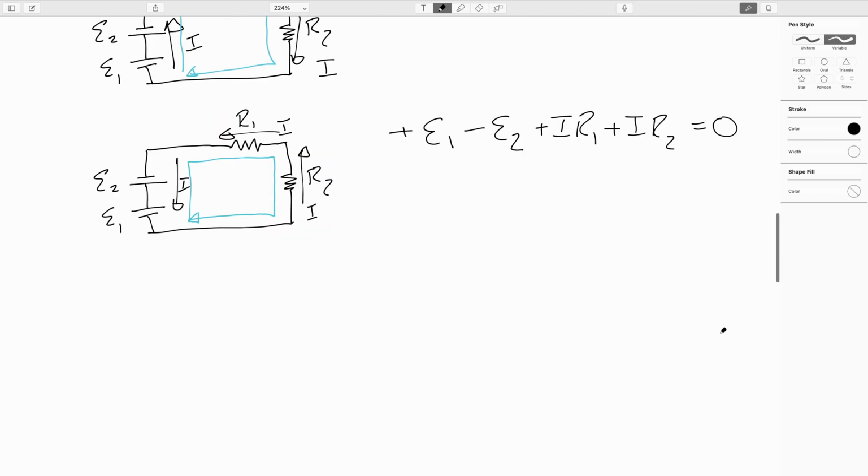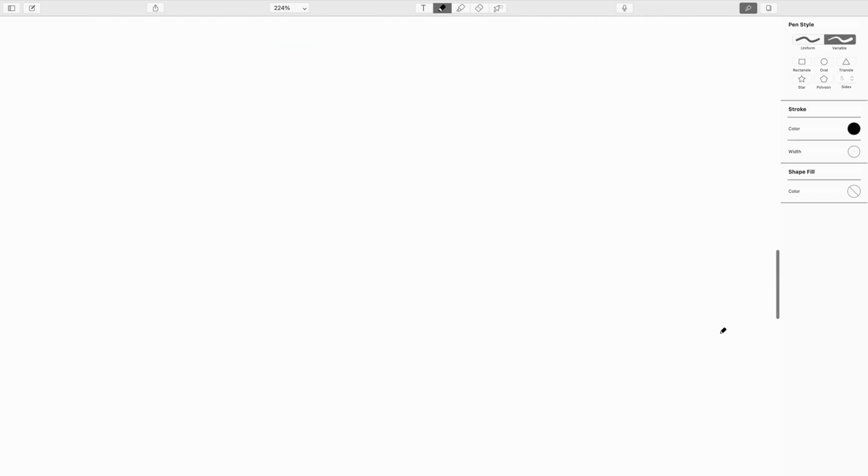So let's go ahead and do a more practical example of this and take a look at what happens if you have a real battery.